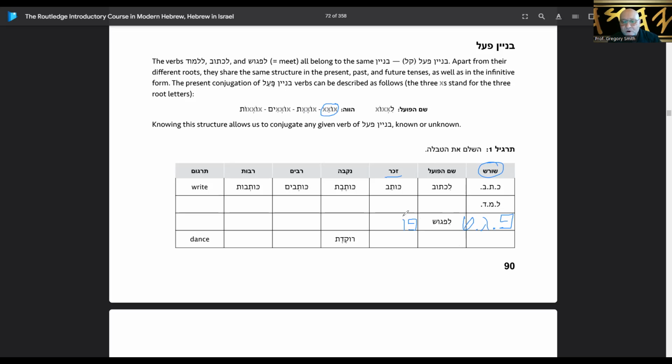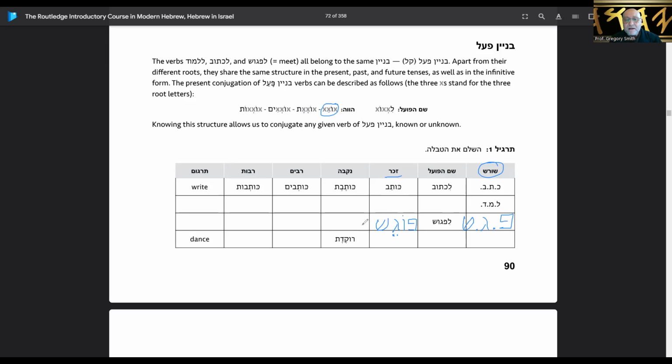It's going to use a holam, and then we're going to have the gimel, and you're not going to see the tsere under there. You just have to know that it's an eh sound, pogesh. I'm putting them there for all of you to get an idea of what it looks like with all of the nikud included. So we have zachar is pogesh. Hu pogesh, he is meeting.